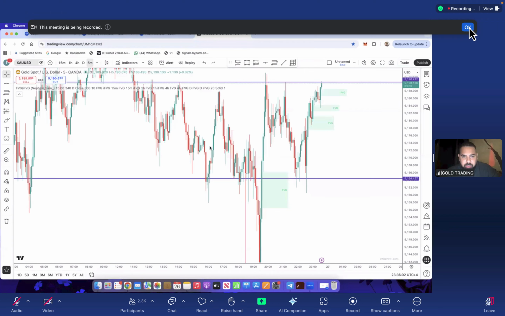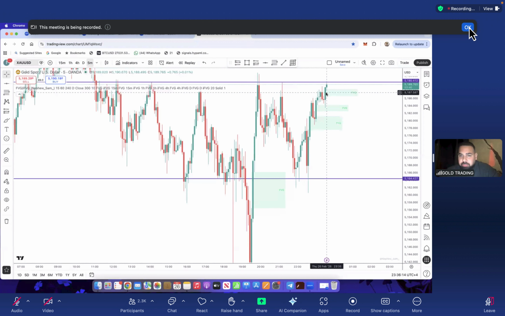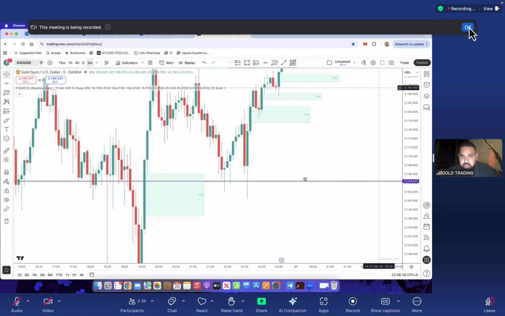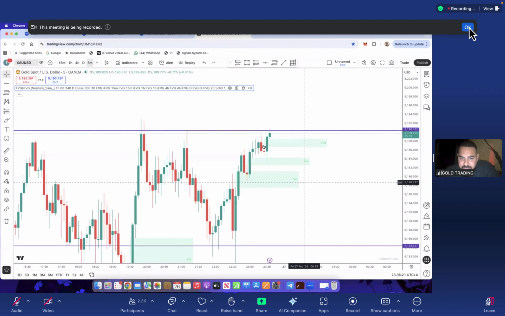Okay, going back through some of your questions. What's the difference between candles and wicks? Good question. Basically, let me zoom in so you guys can really see this. Let's look at this red candle here.